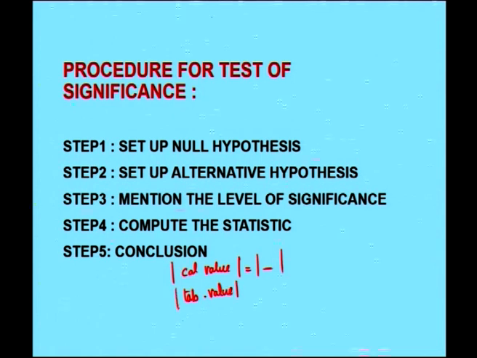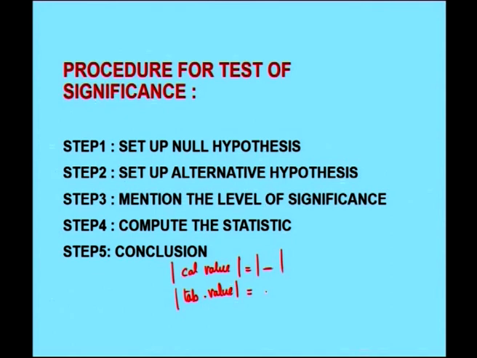Look at the corresponding tables of Z or T or F or chi-square. Statistical tables will be given to you separately for referring to the tabulated values. All the values are already tested and tabulated as standard values. So, write down the tabulated value here after extracting it from the tables. Then compare these two values.